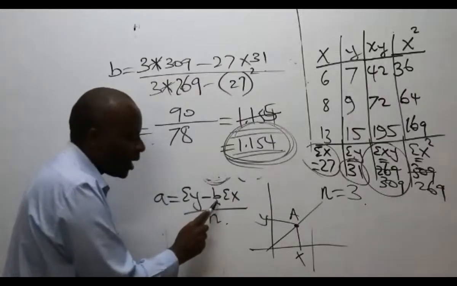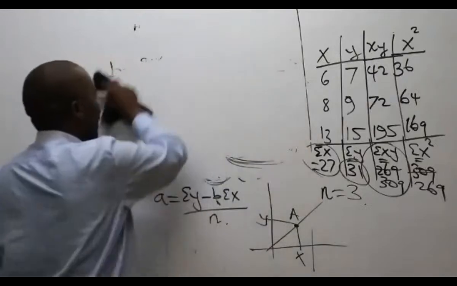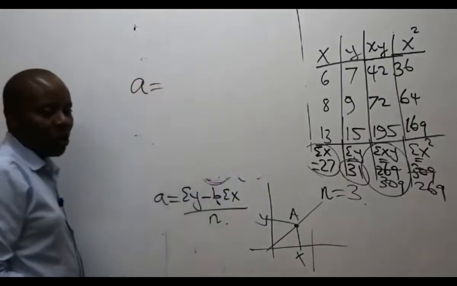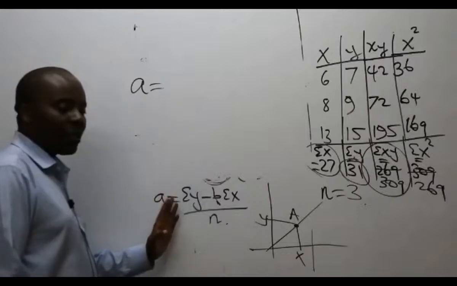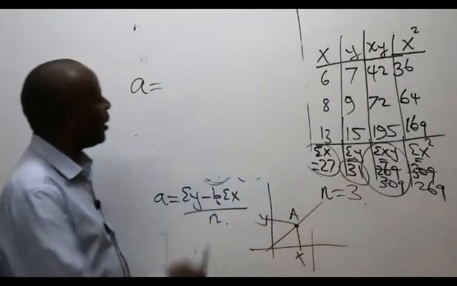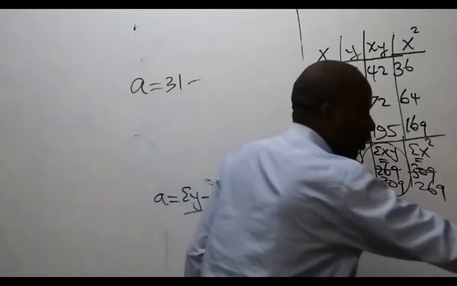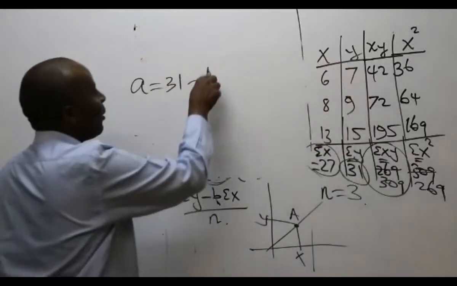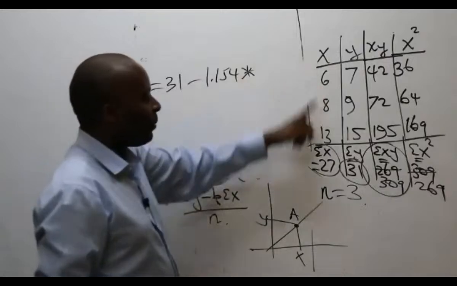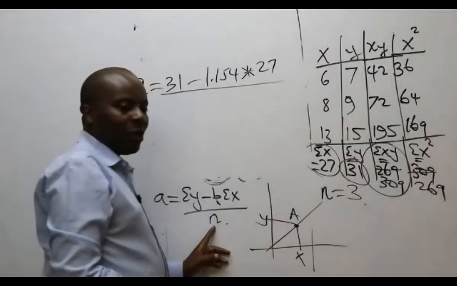While calculating A, I need the value of B. So please come and give me the value of A. To get A, we are taking the summation of Y, which is 31, minus the value of B that we got, 1.154, times the summation of X. Summation of X happens to be what here, somebody? 27. Everything is divided by N, which is 3.